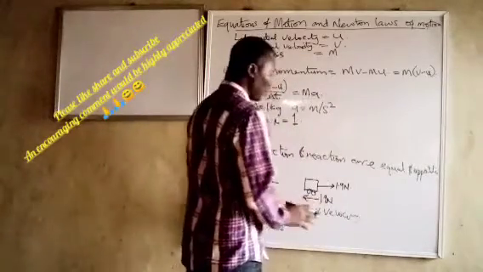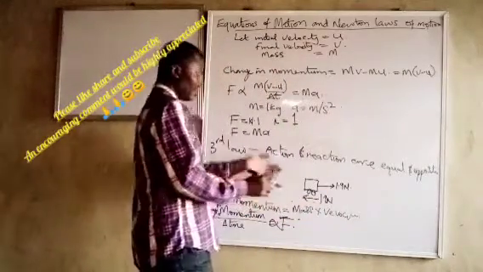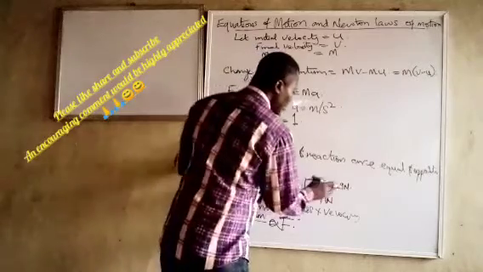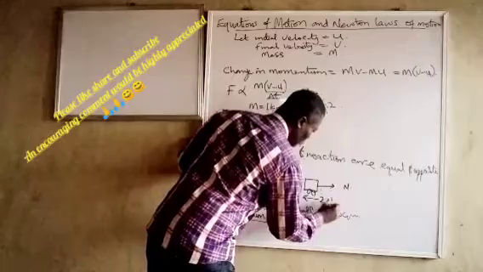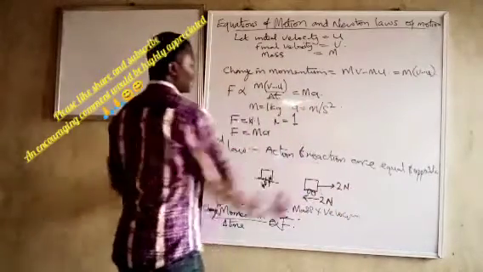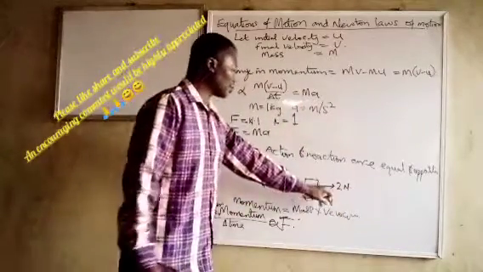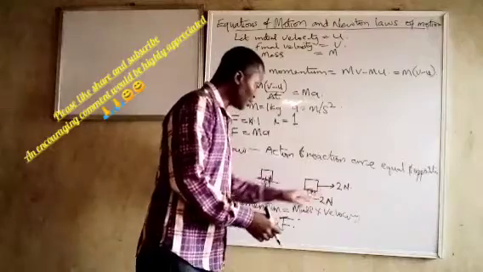The maximum frictional force you can apply, that's what I meant by that frictional force. But when the frictional force gets to 2 Newton, the pull here also becomes 2 Newton. So this one resists this one.